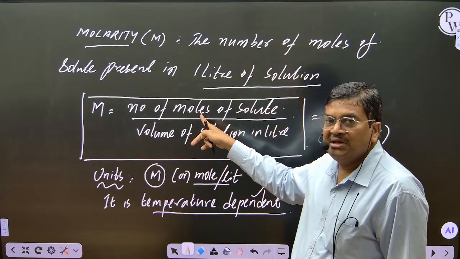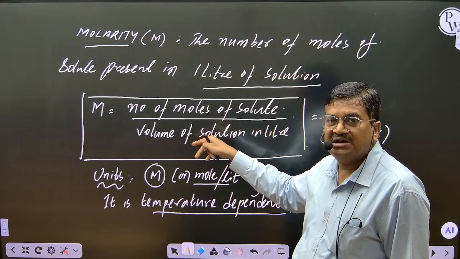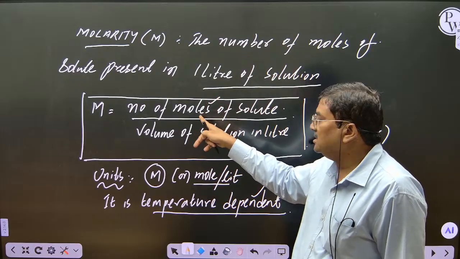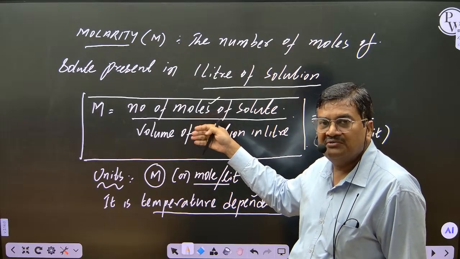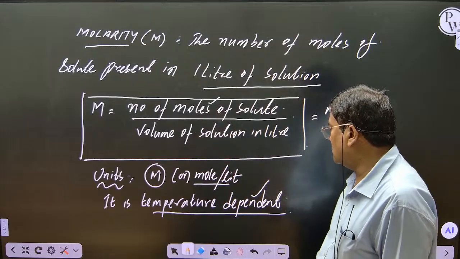Now see, how do we get number of moles? In 11th we get number of moles as mass by molar mass. In the problem they don't give moles directly. If they give mass, what do you do? Convert the mass into moles. How?